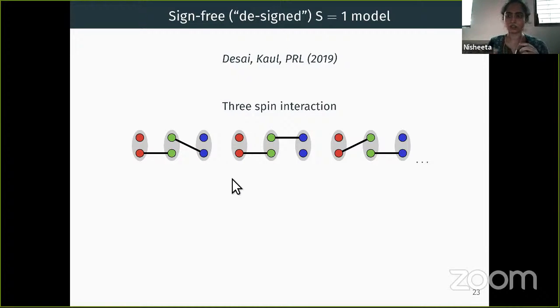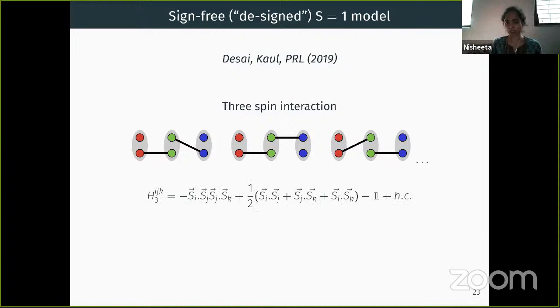Now at one site, you need the two spin halves to appear symmetrically, otherwise it won't be a valid spin one model. That's why you have to add all of these terms where you have all kinds of combinations of spin halves between a pair of sites. So this is a completely new interaction, and when I write it in terms of the spin ones, it looks something like that.